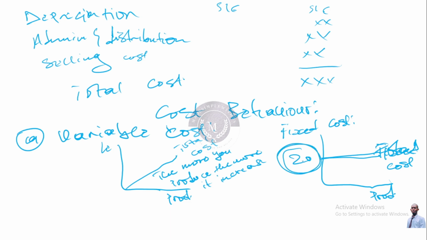So it's fixed. But when it varies, because the more we produce, the more the watch will increase, it moves on to a variable cost. Are we good? Okay, now let's move on to step cost.